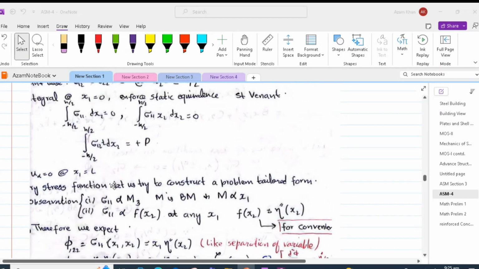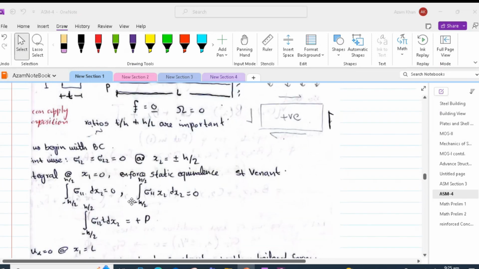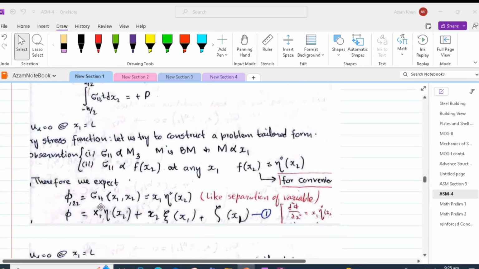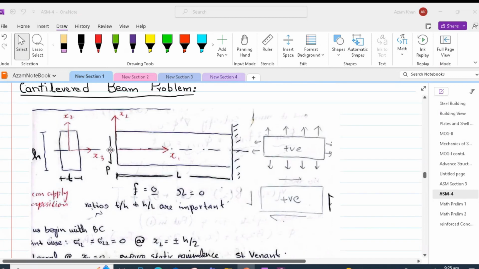Sigma 11 is proportional to M3, as we can see over here. In order to find M3, we have to multiply that with x2 times t dx2, and also the moment is proportional to x1.